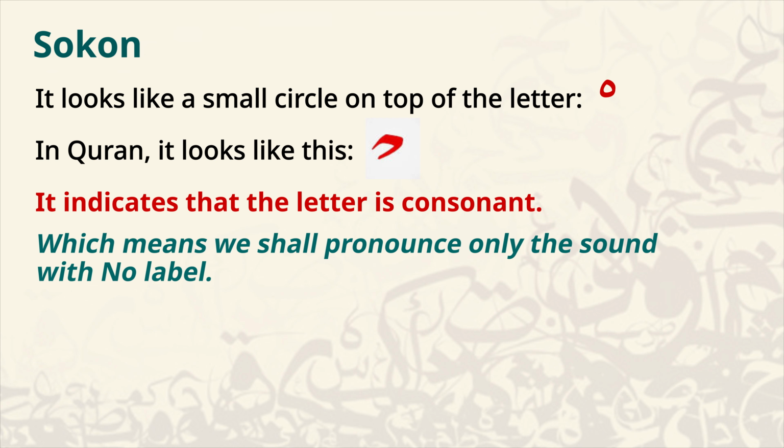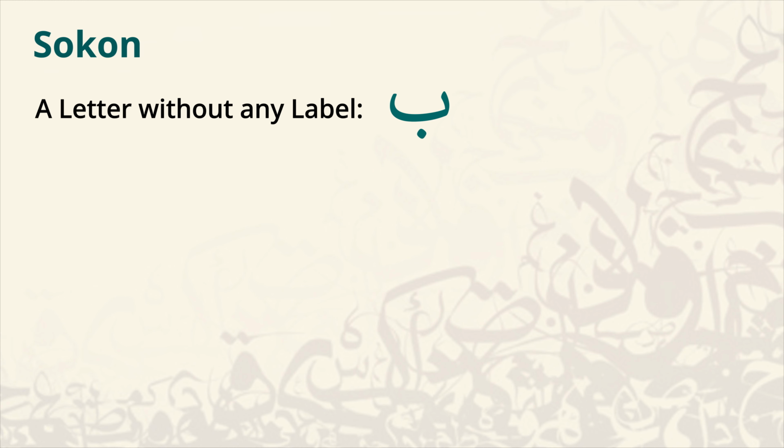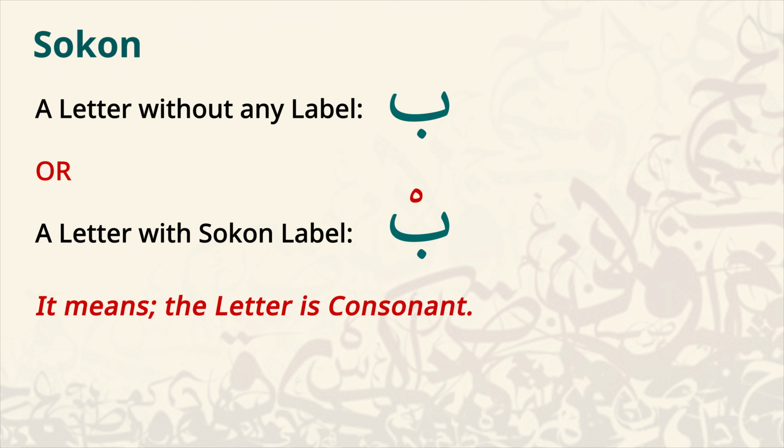There is another sign to indicate consonant sounds: when you see the letter empty without any label. So if you see a letter which is free of any label, or it's labeled with sukun on top, it means this letter is consonant, which also means it has no label.